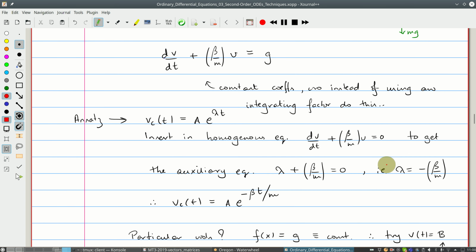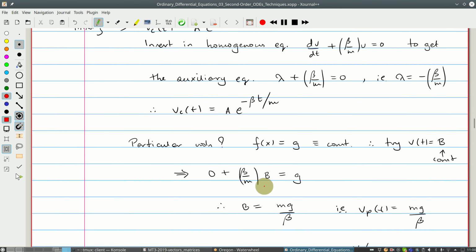And that gives us the auxiliary equation for lambda. This is quite simple in this case, there's only one derivative in there. So lambda plus beta over m is 0, or lambda is equal to minus beta over m. So our complementary solution has only one unknown constant a, and it's a times e to the minus beta times time divided by m.